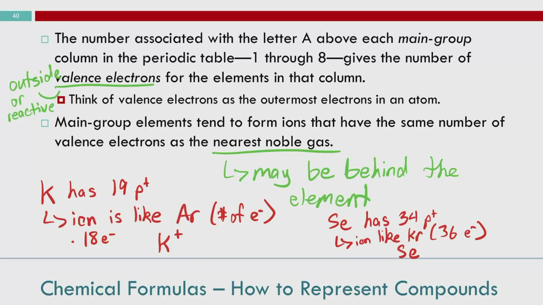So selenium, when it forms an ion, is going to have 36 electrons and only 34 protons. The number of protons doesn't change because that would change the element. So if it has 36 electrons and 34 protons, its charge is going to be 2 negative because it's got 2 extra electrons. So 2 more electrons than protons. And I think this probably comes up in many slides from now, but just to bring it home and put this information here for us.